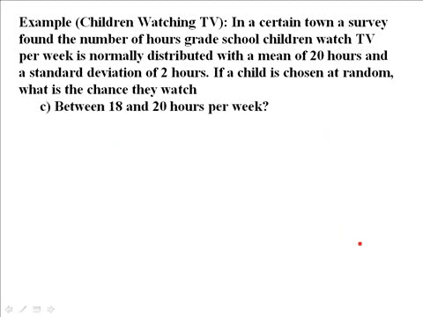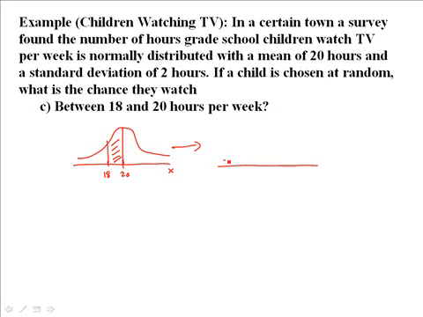What if I'm going to do the area between 18 and 20? So that's going to look like this. Here's 20 here. And this is x. Now this time 18 is right here. So I want to find the area between those two, so I want to find this area. Alright, so if I change things over to z-scores here, so it'll be z here, 0 in the middle.